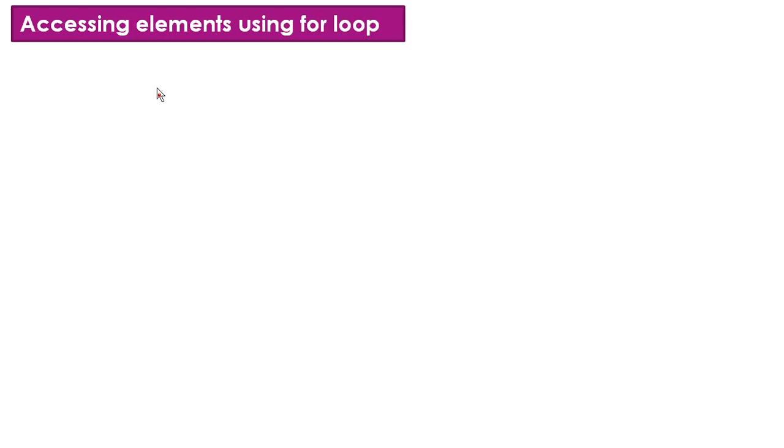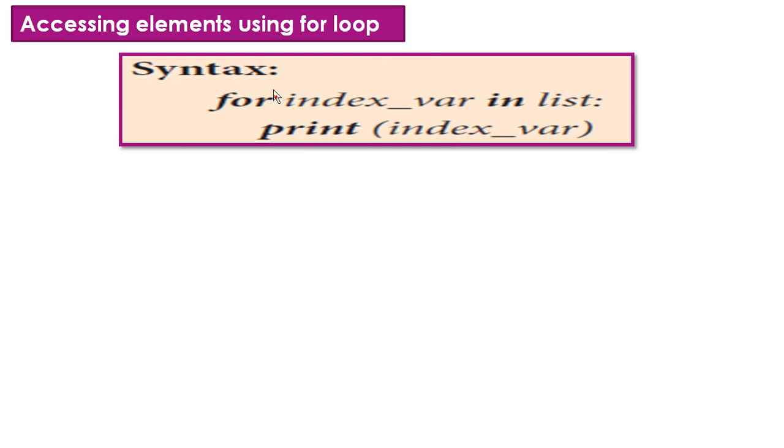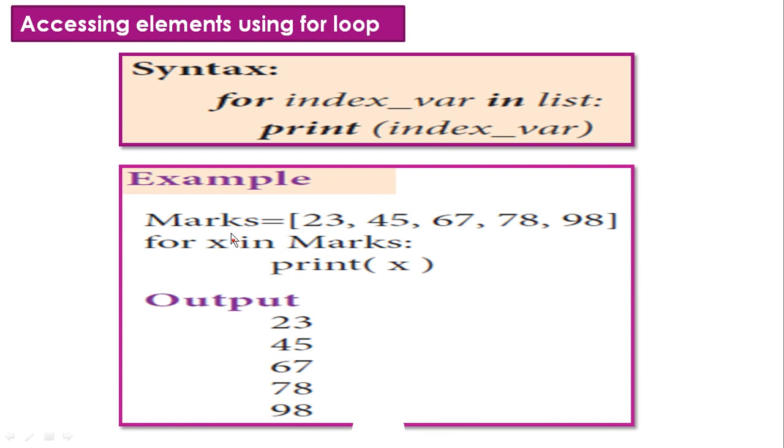Next one, accessing elements using for loop. Here is the syntax: for index variable in list, print index variable. Here is the example: marks = 23, 45, 67, 78 and 98. For x in marks, we can give any variable here, x or y or z.